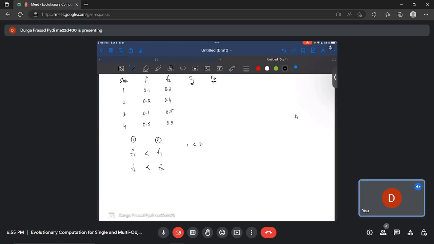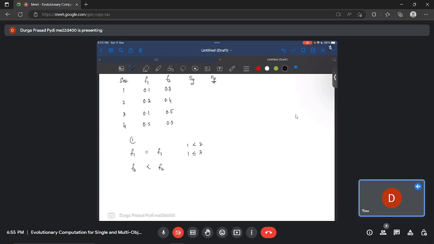I'm writing it in this particular way: 1 is dominating 2. Now, in the next step, you compare 1 with 3. F1 is kind of equal, and F2 is less, so 1 is less than or equal to 3.